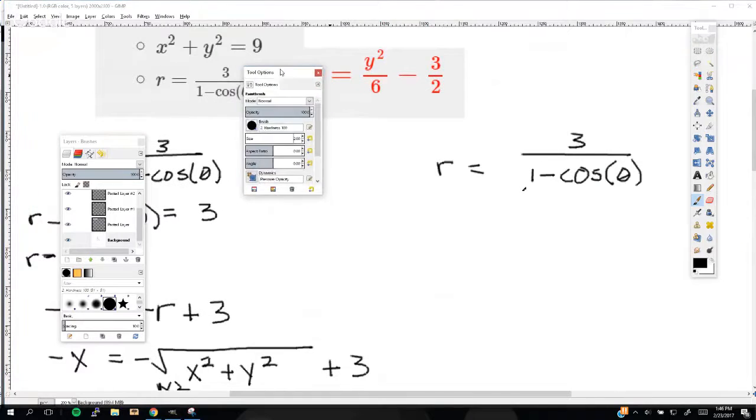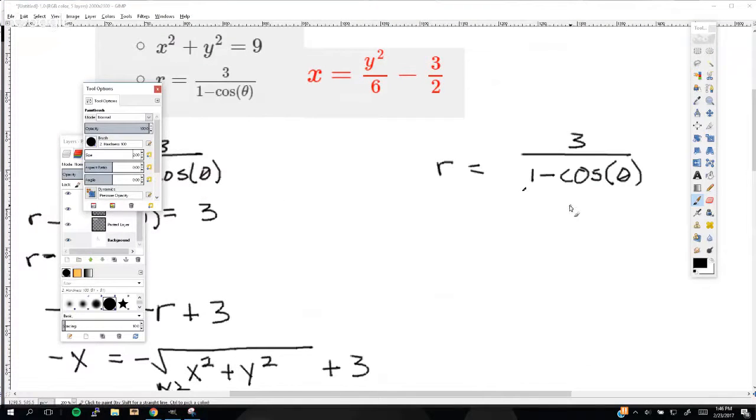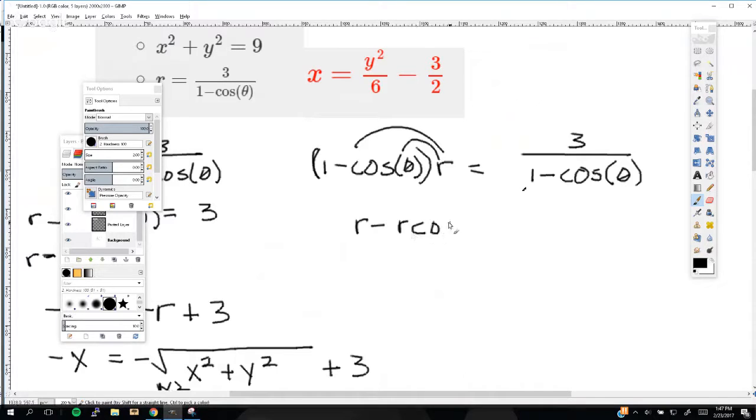If we do what we did last time and multiply both sides by 1 minus cosine of theta, then distribute that, it'd be r minus r cosine.